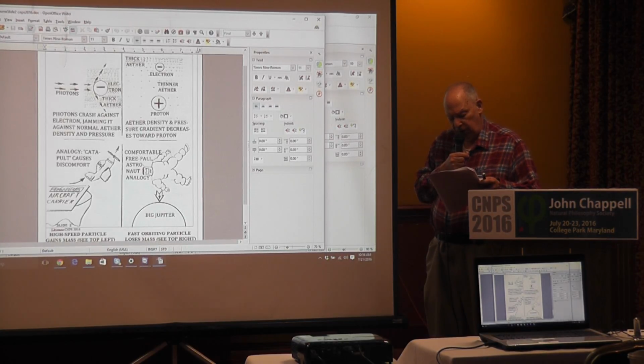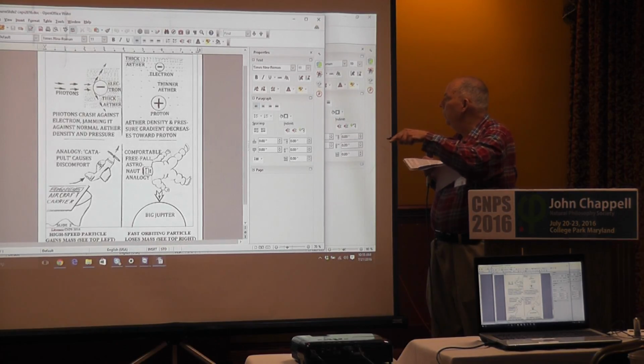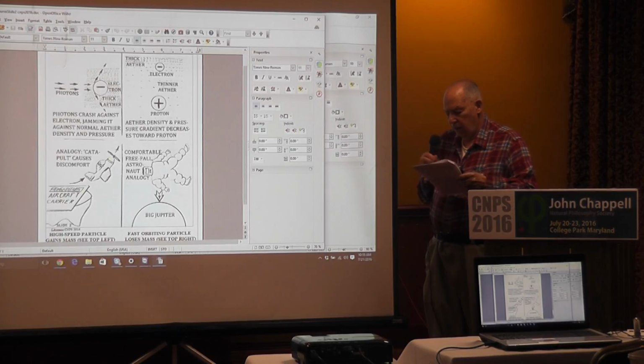So in those circumstances where a particle gains mass with acceleration, I think that's like a billion photons hitting a proton on its back face almost all at once, and forcing it forward against an ether with a standard ethereal density and pressure at its particle's front face.